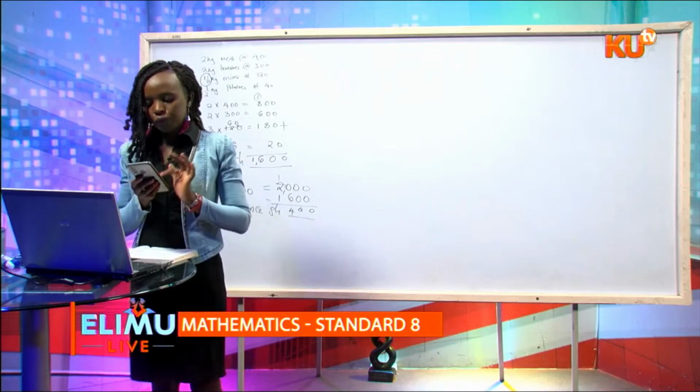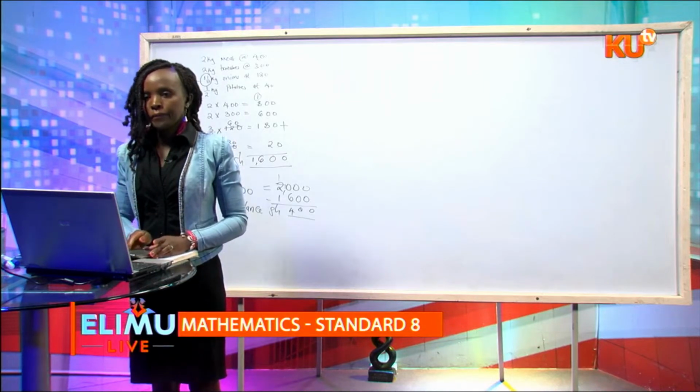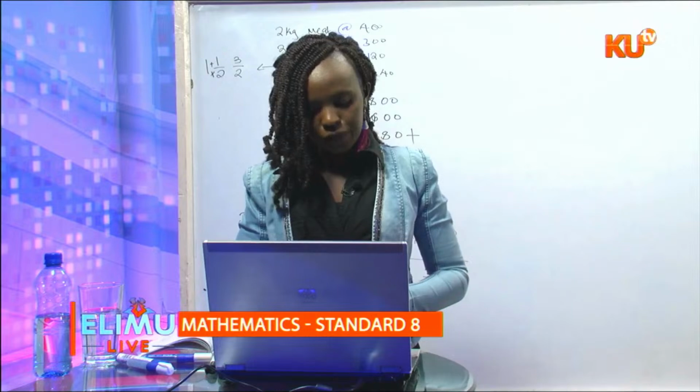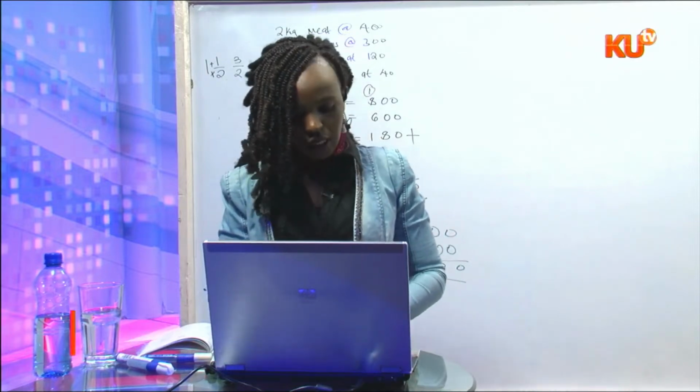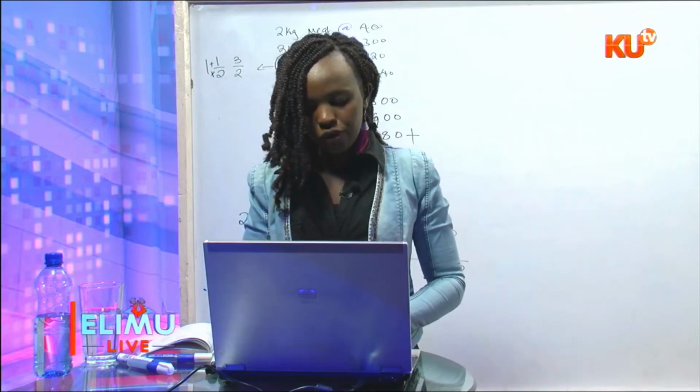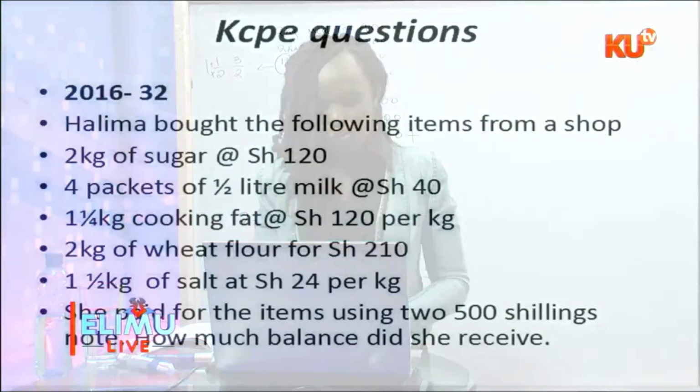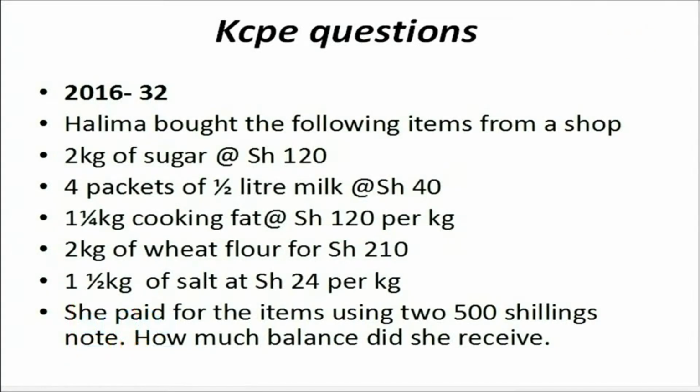Then we go to 2016. 2016, question number 32. The question reads, Halima bought the following items from a shop. 2 kgs of sugar at 120 shillings per kg. Then we have 4 packets of a half liter milk at 40 shillings.